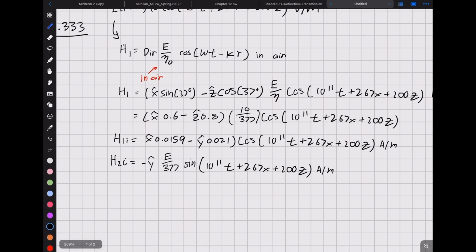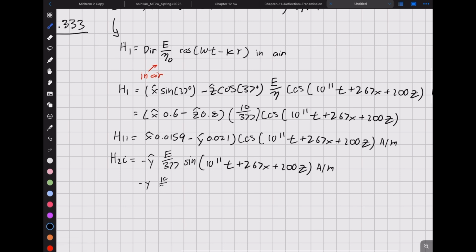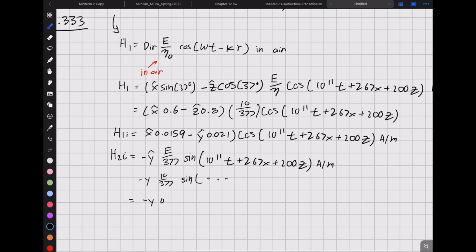Negative y, 10 over 377, sine. Calculating that, 0.0265 sine of 10 to the 11t plus 267x plus 200z amps per meter.